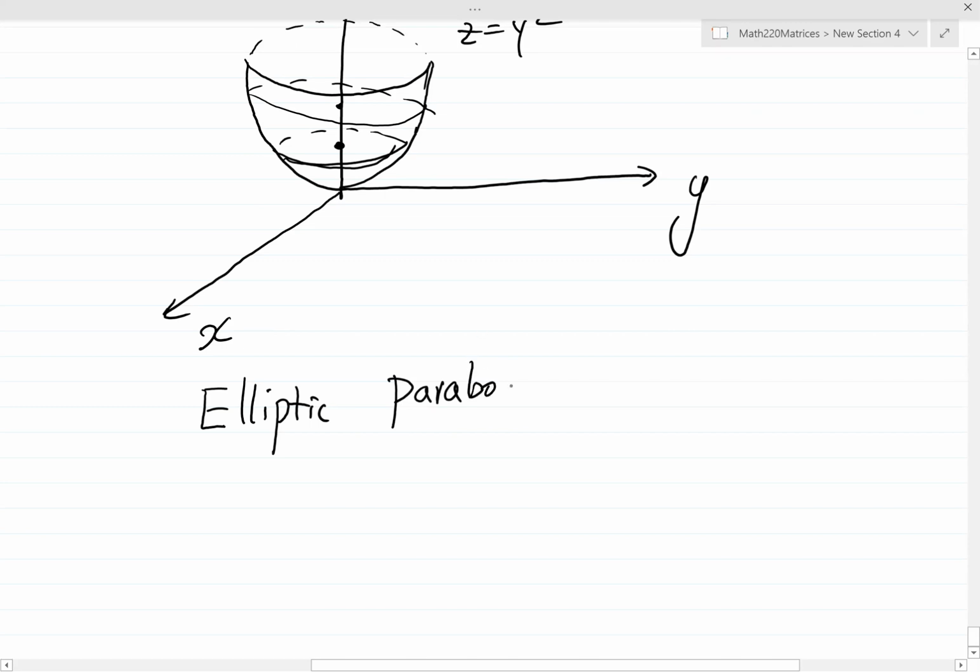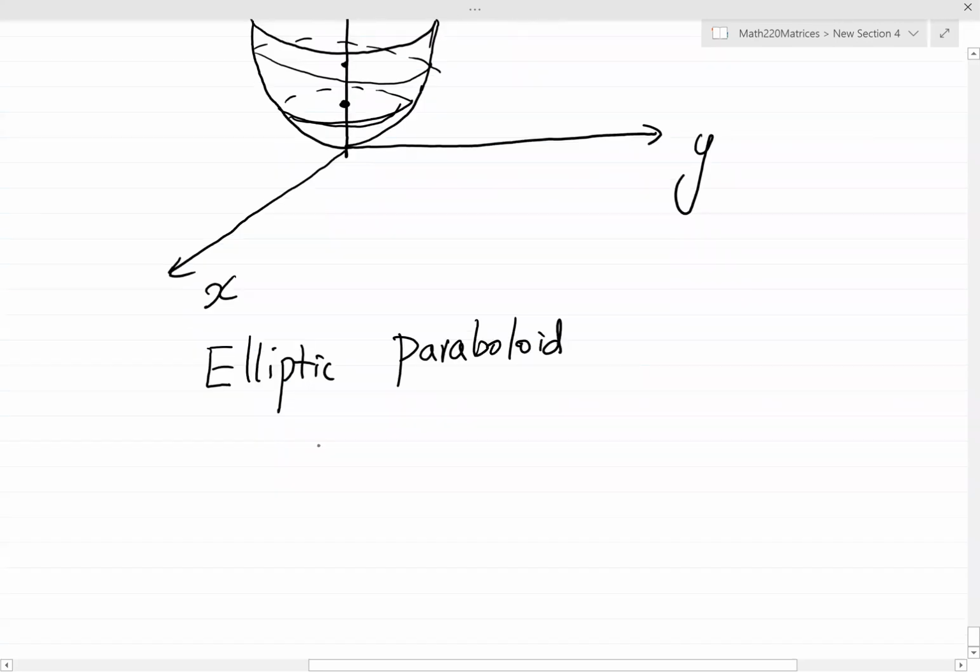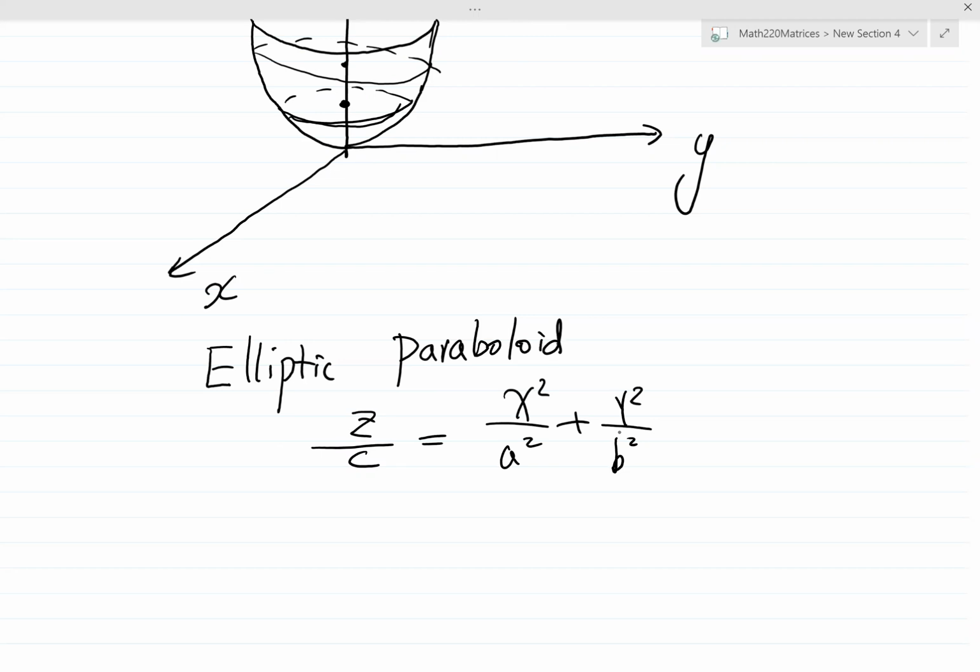So in this case, for instance, we may divide z by a coefficient, and then x squared over a squared, y squared over b squared. Now for a fixed z, in the xy plane, if you cut at a certain height, what you get is an ellipse.